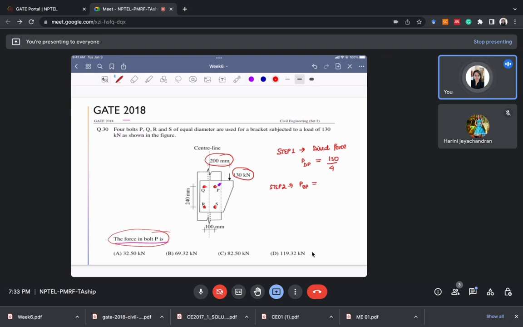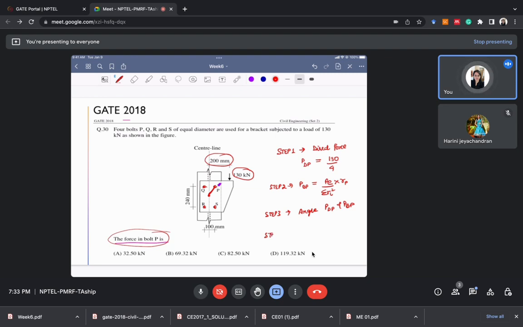So the formula will be PE divided by summation of Ri square multiplied by Rp, that is the distance between the CG and the bolt P. Two steps are clear, and step number 3 is angle determination: the angle between this PDP and PBP.